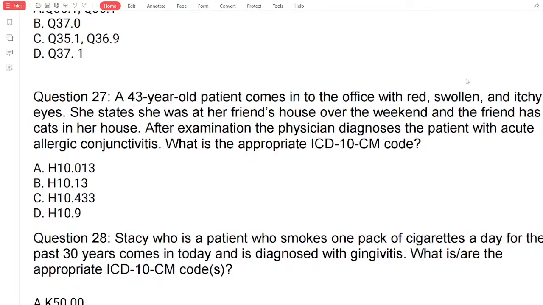Akash, just check the code. H10.013 and H1.